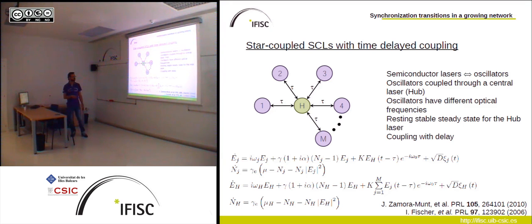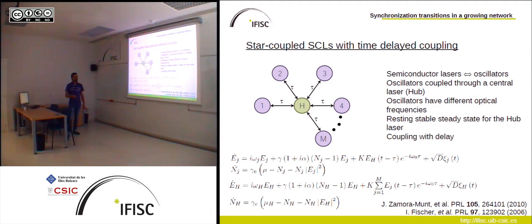Then the term for the coupling with a constant coupling K, the term that comes from the electric field of the hub laser with the time delay tau, and the phase difference between the light that comes from the coupling and the electric field of the star lasers.